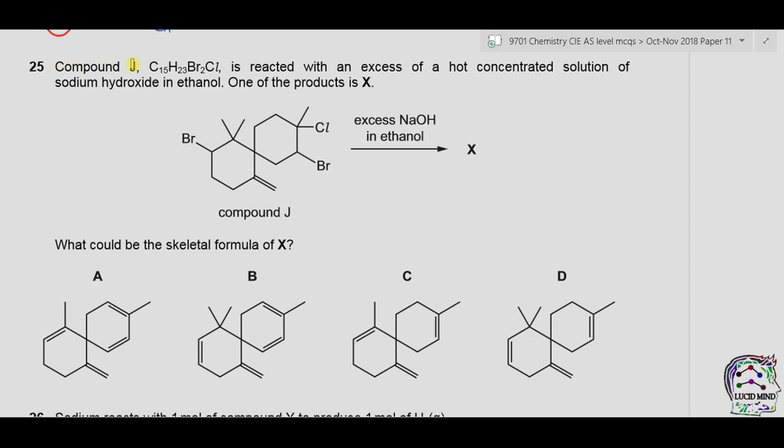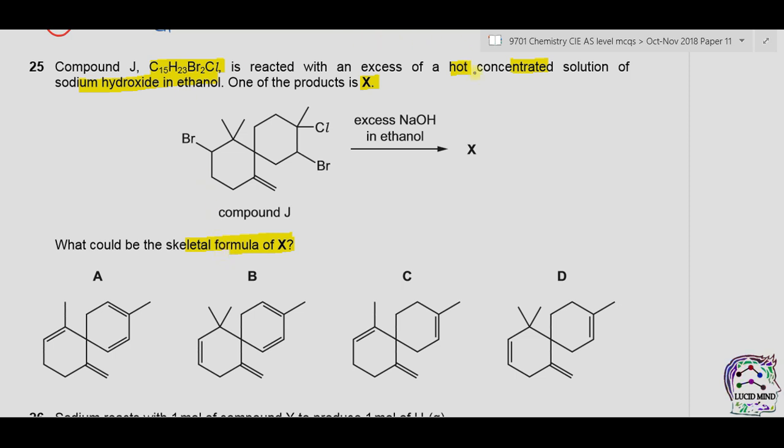Question 25. Compound J, which is C15H23Br2Cl, is reacted with excess of hot concentrated solution of sodium hydroxide in ethanol. One of the products is X. What could be the skeletal formula of X?